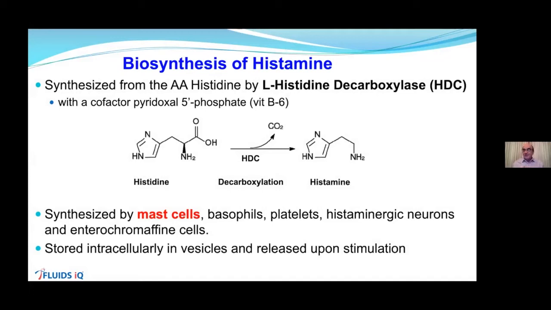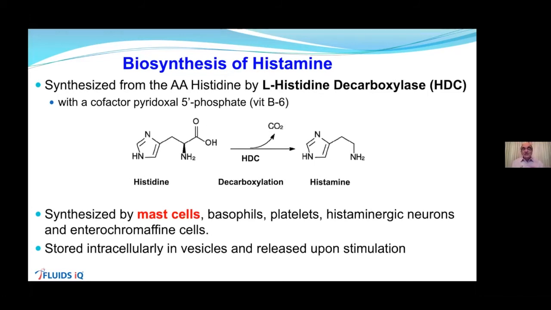You also find it in many bacteria, and it's also synthesized from histidine in the mast cells, which are one of the major components of the innate immune system, right at the gut level, and of course many other cells: basophils, the platelets, and the enterochromaffin cells, which are some of the specialized cells of the mucosal barrier of the intestine.